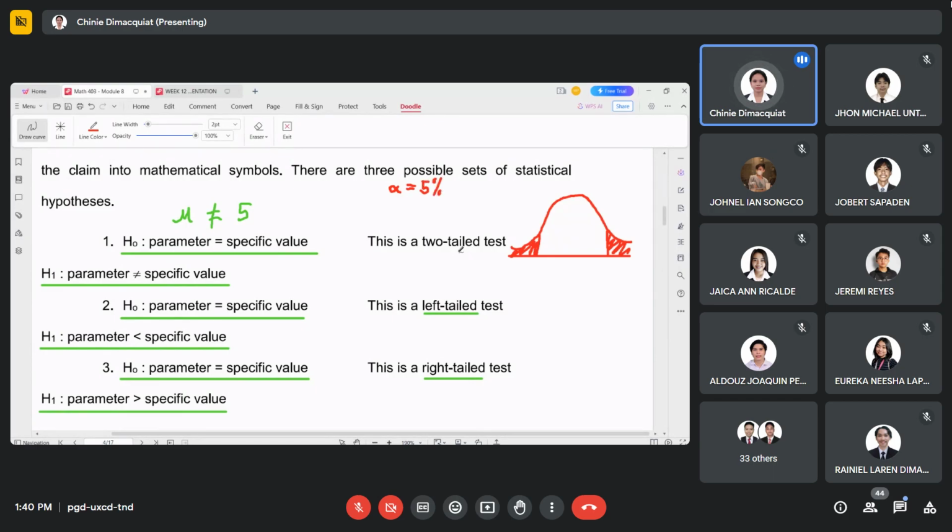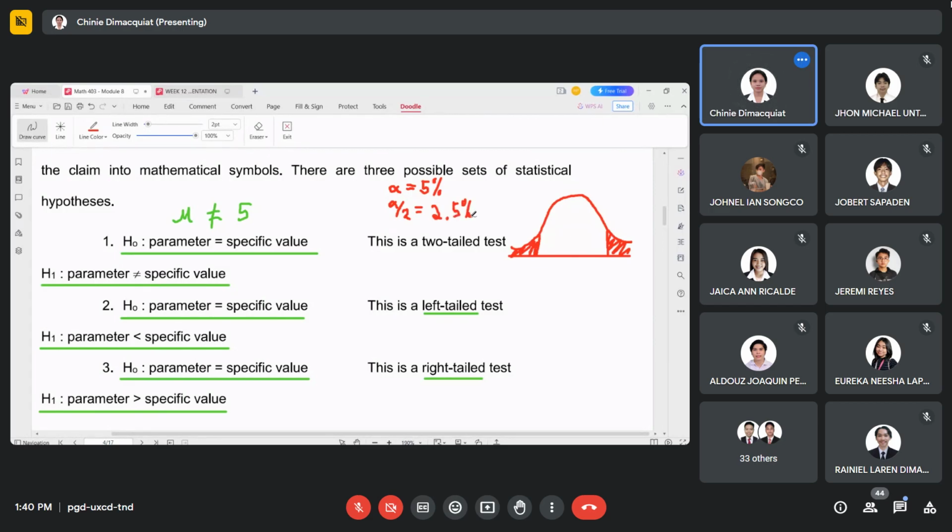Since we will do a two-tailed test, we take alpha over 2. It is the same concept as what we did last time with intervals. When it is alpha over 2, we get both bounds, lower and upper bound of our interval. When it is only alpha, there is only one bound, either lower or upper. Since this is two-tailed, we take alpha over 2, dividing 5% by 2, so we have 2.5%.